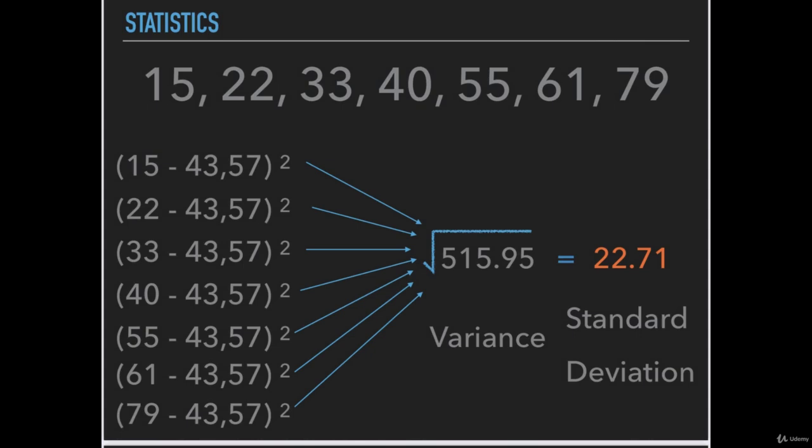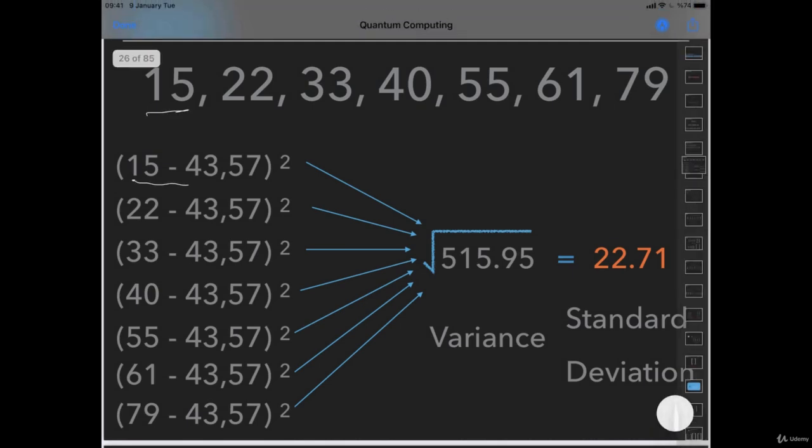But consider that you have 1 million numbers to analyze, and you don't even have a clue to understand if they are very close to each other or very far away from each other, if it starts with 0 and goes all the way up to 1 billion, you don't know. So how do you get a measure for that?